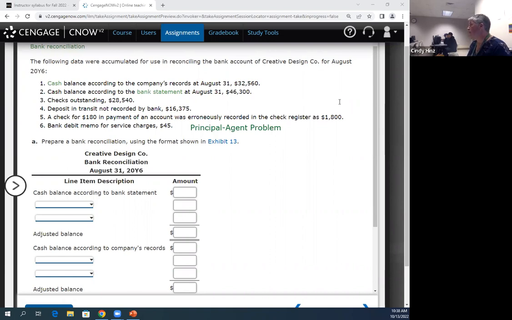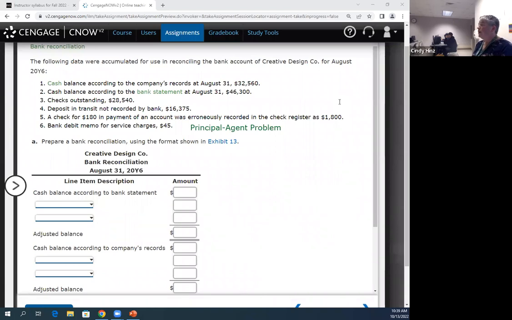So the principal agent problem is that there's a separation between the ownership and control of the company. The main duty of the company is to protect the assets of the company, not to enrich themselves, but to enrich the stockholders. That really is the purpose. And so the most vulnerable asset of a company, as we talked about with internal controls and having controls in place to protect the assets of the company, the single most vulnerable asset is cash.